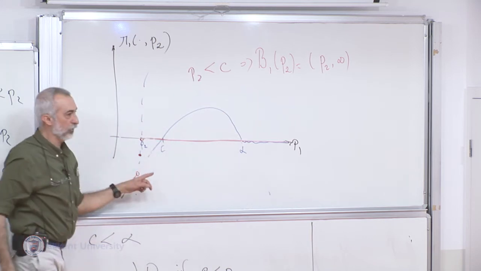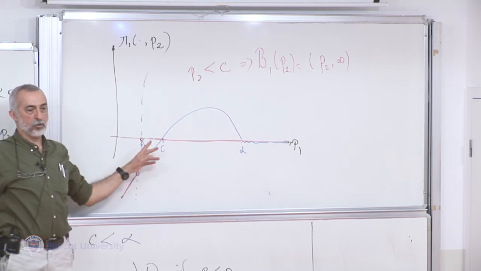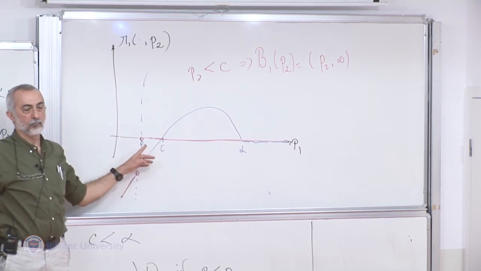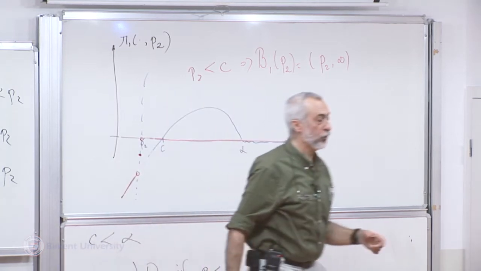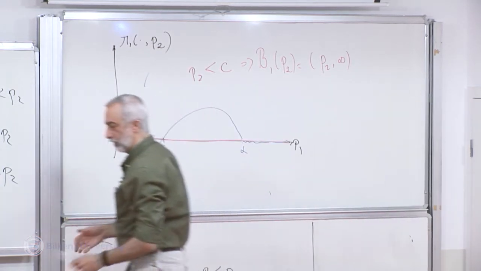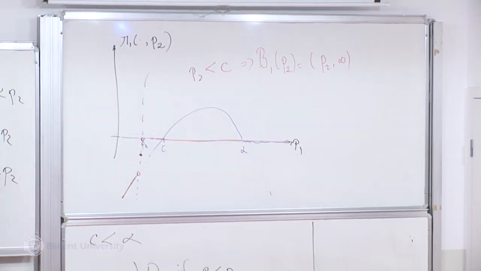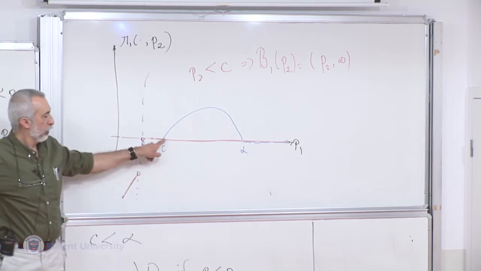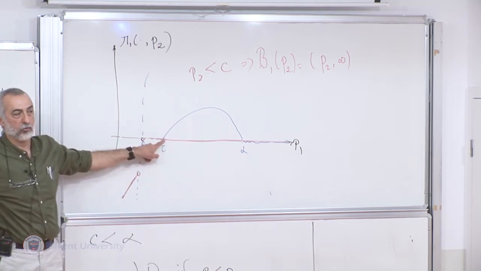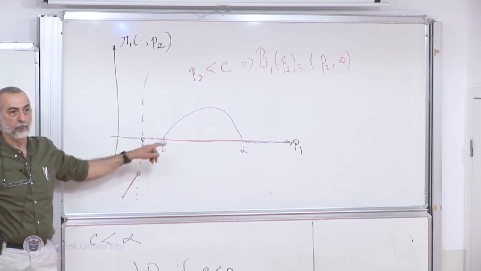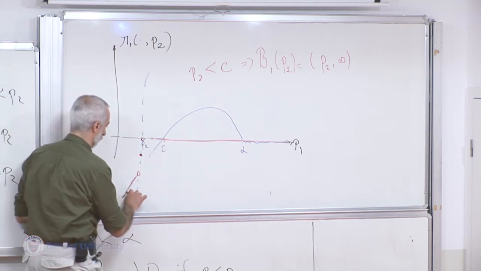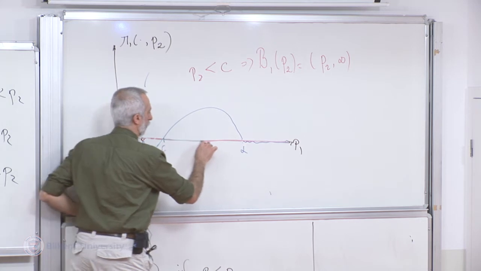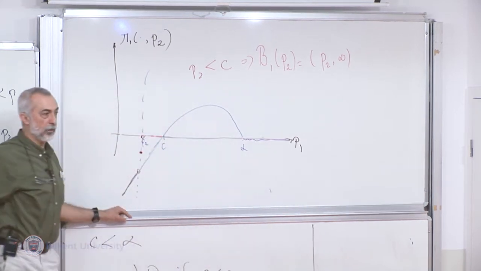And when you look at it, what is the first important point that you see? When P2 is equal to C, right? So when P2 is equal to C, what do you get? You're at this point, and your picture would look like this, right?